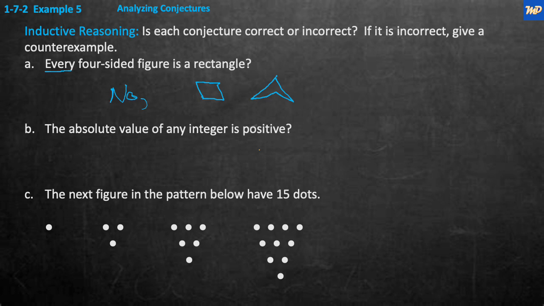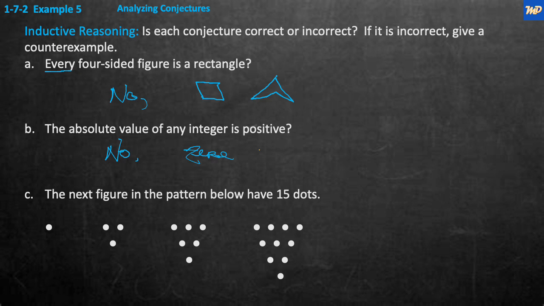But there's one of those that's neither positive nor negative. By rule, 0 is neither positive or negative. So the absolute value of any integer is positive? We're going to say no, just because of that rule right there, that 0 is not negative or positive.